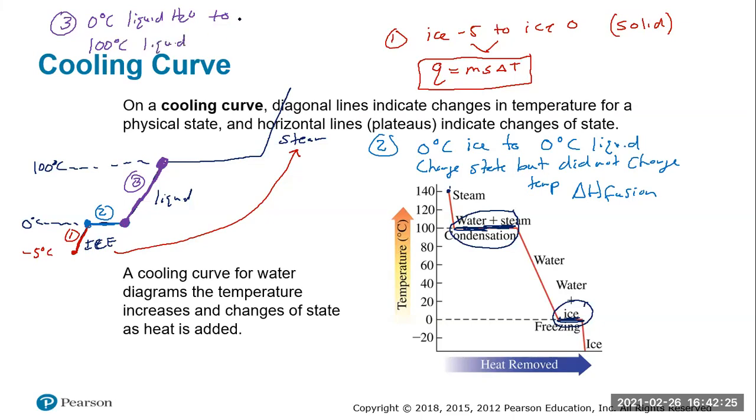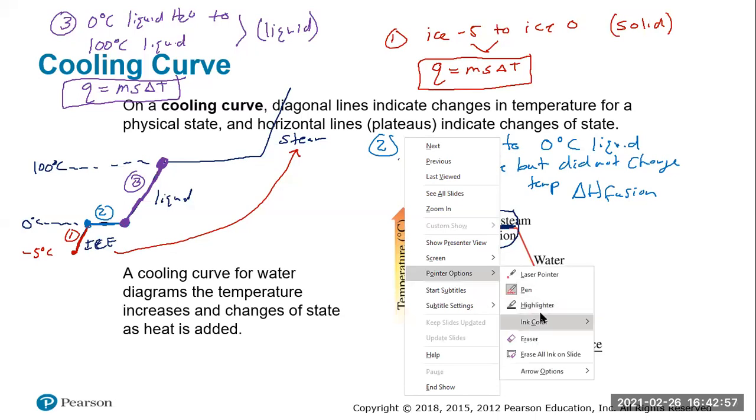So again here, this is all the same state, which is liquid, but we are changing the temperature. So at this point, what we would calculate is using the specific heat equation. And in this case, the change in temperature would be 100 degrees final temperature minus 0 degrees initial. The specific heat capacity in this case would be the one for liquid water, which is 4.184. And obviously whatever the mass is.